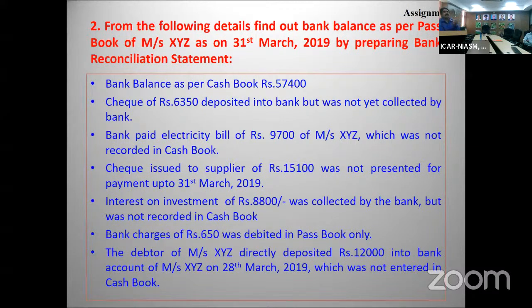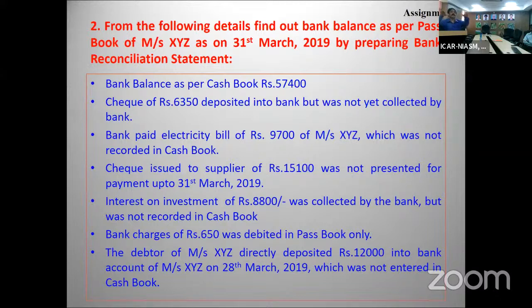Maybe we have some agreement with the bank: please pay my electricity bill directly. So it has happened like that. Our banker has paid the electricity bill. We do not have any idea about it up to 31st March, so we have not recorded it in the cash book. Cash book balance is given.